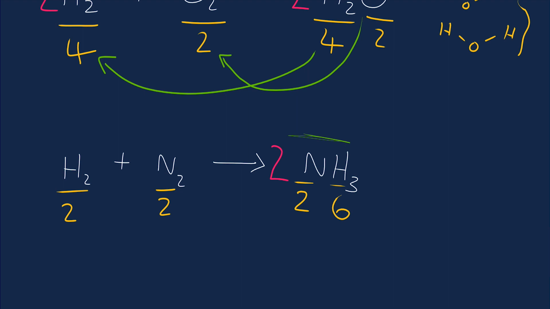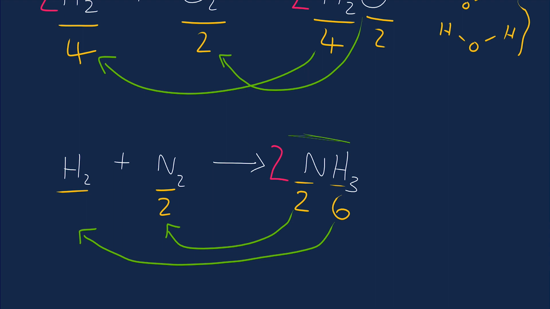So we have 2 nitrogen, so chase this back around here. We have 2 still, so the nitrogen is balanced. We have 6 hydrogen, chase this across, and we only have 2 on the left hand side. So then we are going to need to change this.